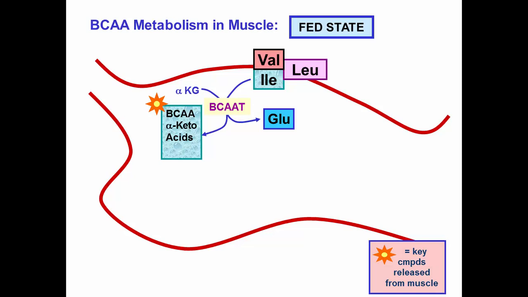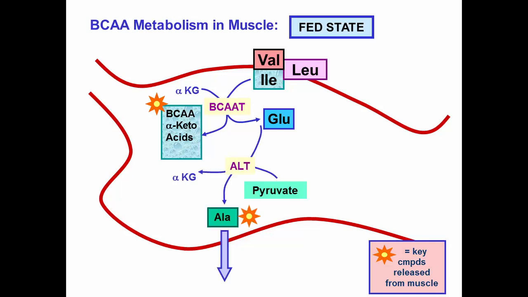I'm using that same diagram where the sunburst is what gets moved out. And from glutamate, we also have ALT that will help make alanine. So similar in a lot of ways to the intestine, we have ALT yielding alanine as a major export product.